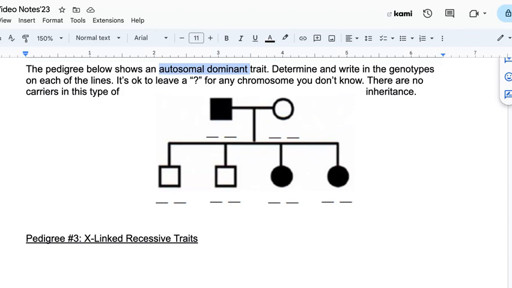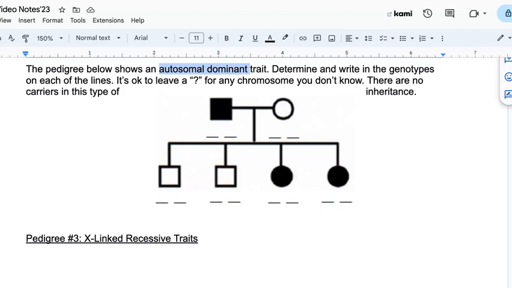With the same line of thinking here, I know that mom has to give an allele to each daughter. Dad has to give an allele to each daughter. Because they're fully shaded in, I know that they have to have at least one big A from dad, so I'm going to write that in.